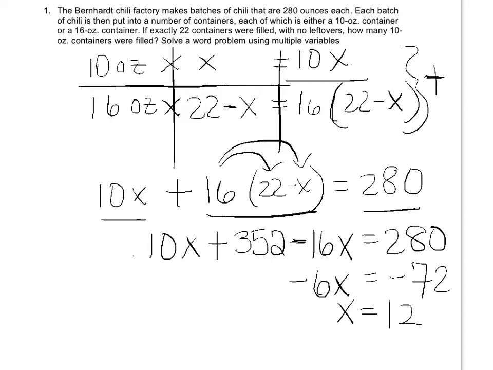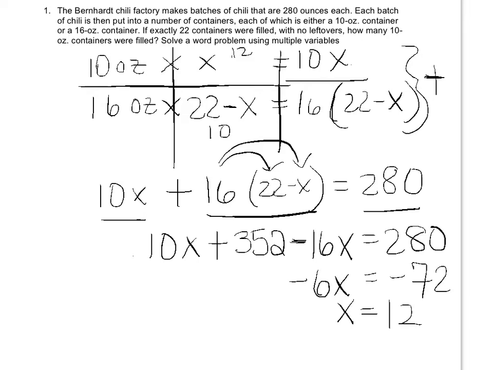Now we should know that if I have 12 10-ounce containers up here, that means I have 10 16-ounce containers. And I could double check my work by going back and multiplying 12 times 10 and 10 times 16, adding those together, and I should get my 280 again.